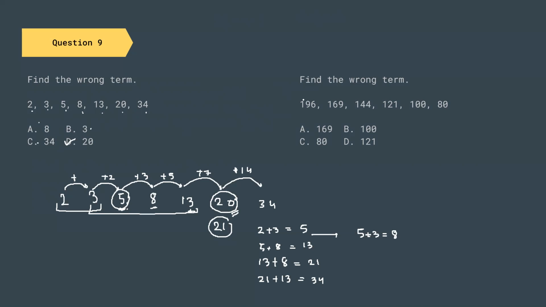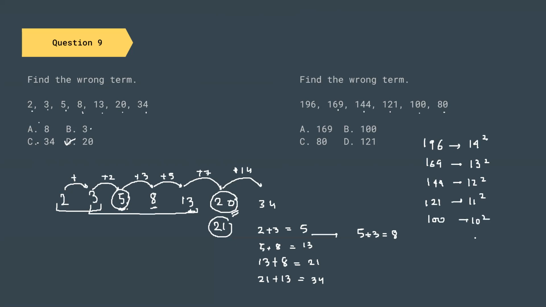Now let us look at this easy pattern. We have 196, 169, 144, 121, 100 and 80. If you are familiar with the squares of numbers, you can easily say that 196 is 14 squared, 169 is 13 squared, 144 is 12 squared, 121 is 11 squared, 100 is 10 squared.